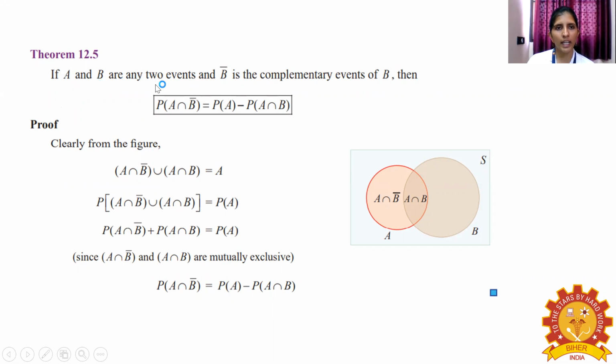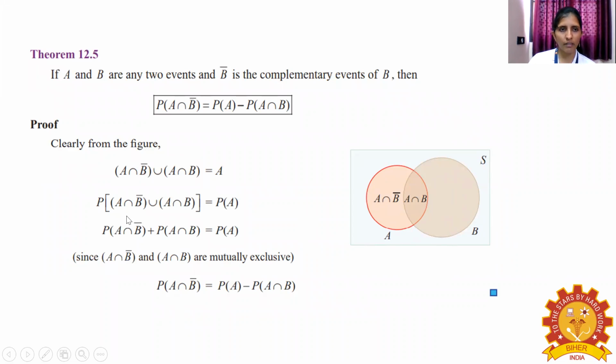If A and B are any two events and B bar is the complementary event of B, then P of A intersection B bar is equal to P of A minus P of A intersection B. Clearly from the figure we can see that this is the sample space S, this is A here, and this is set B. A intersection B is the middle area here, and A intersection B bar consists of those elements which do not contain the elements of B. So we write it like this.